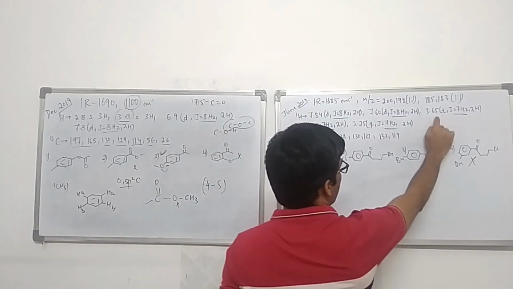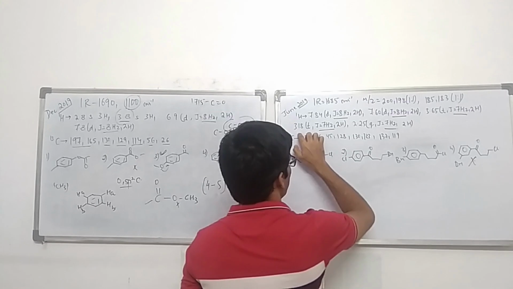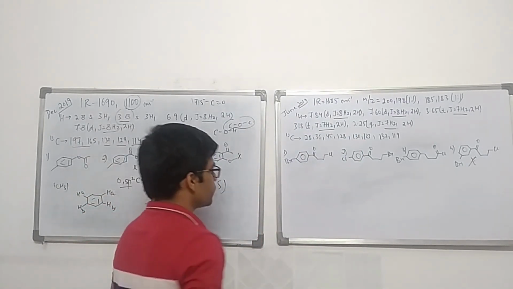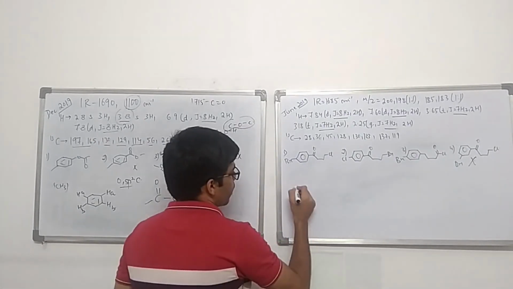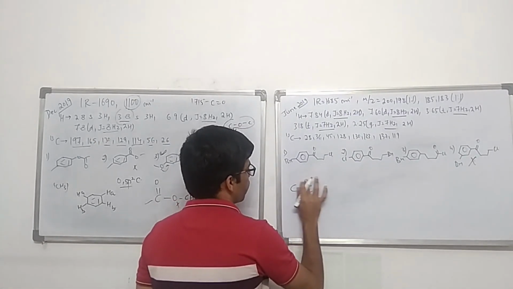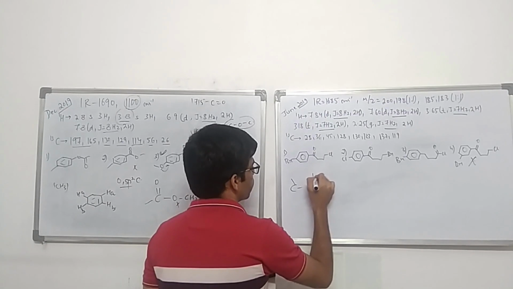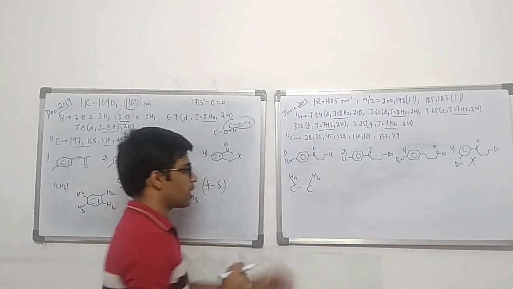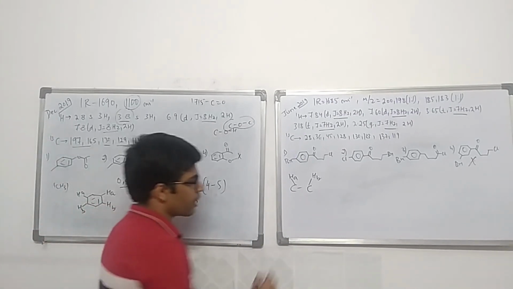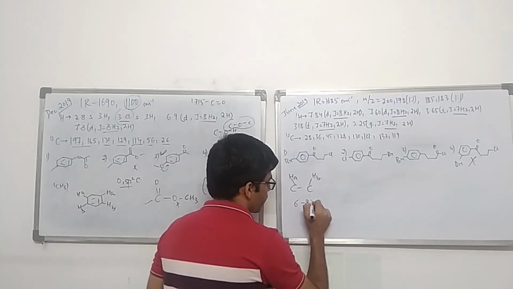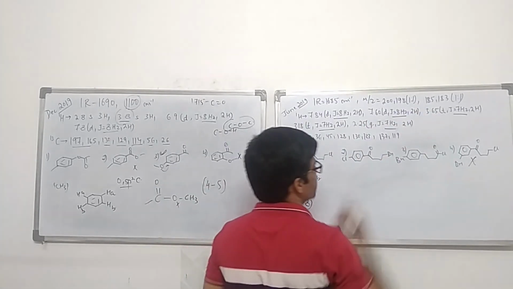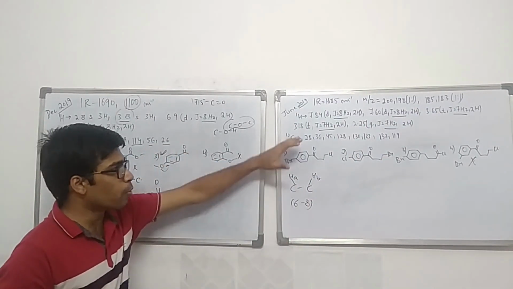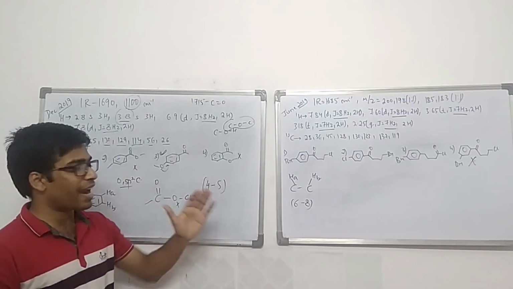Now I have to look at 3.65, 3.18 and 2.25. If you remember, I had told you that for carbon to carbon free rotation, protons attached to sp3 carbon having free rotation have a coupling constant in the range of 6 to 8, and all of these are 7 Hz. So there is a high possibility that the protons in all three groups are interacting with each other.